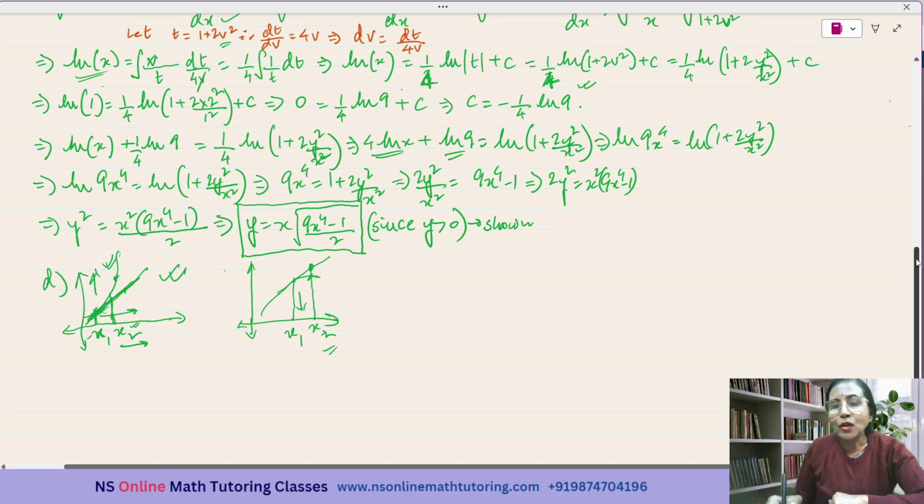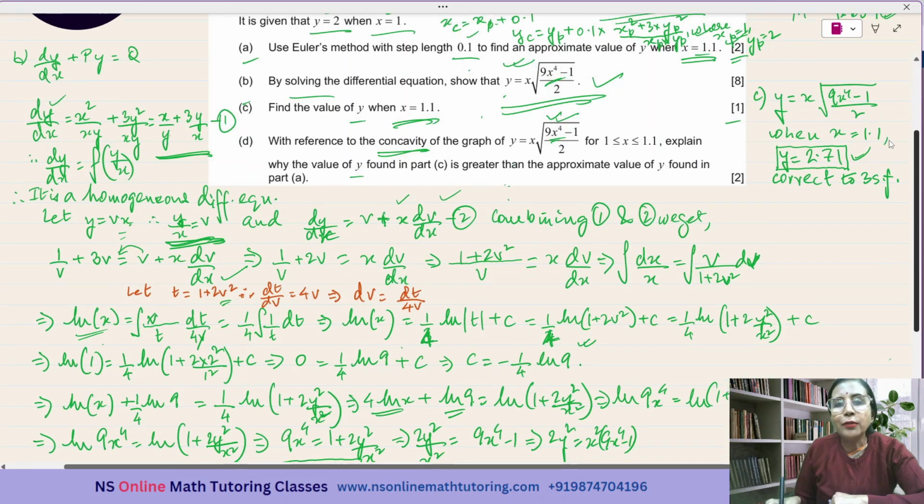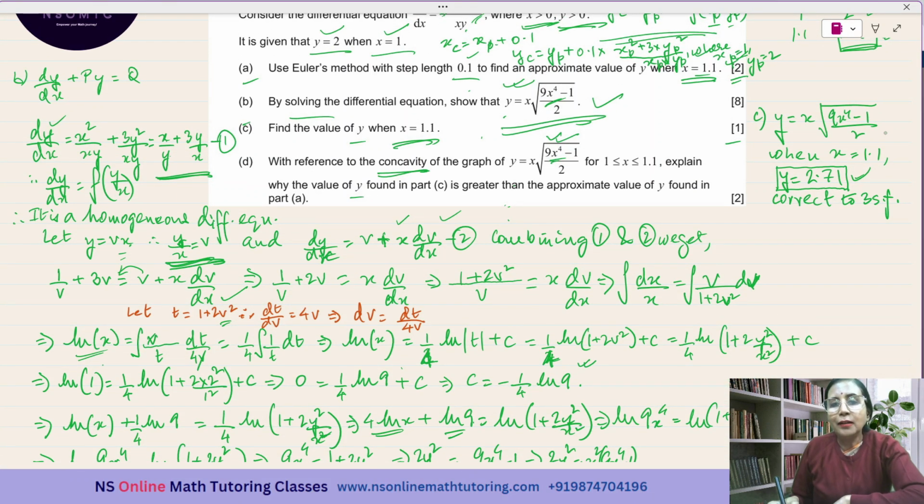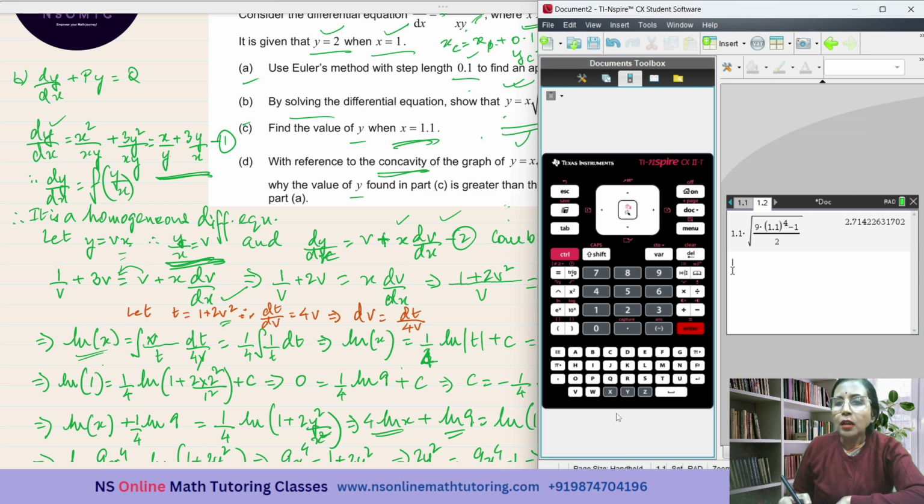But let's check, because we have the calculator, we can check the authenticity of our reasoning. For that we have to get the graph. We can save this expression in the form of a function, and then we can graph the second derivative. That can also be done.